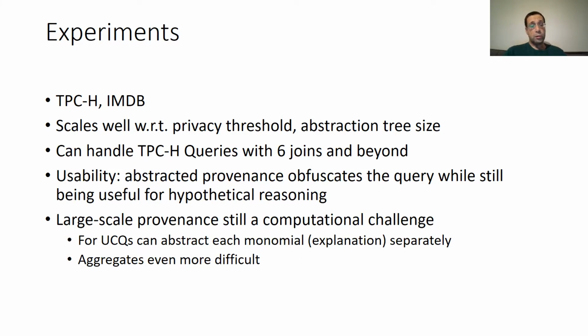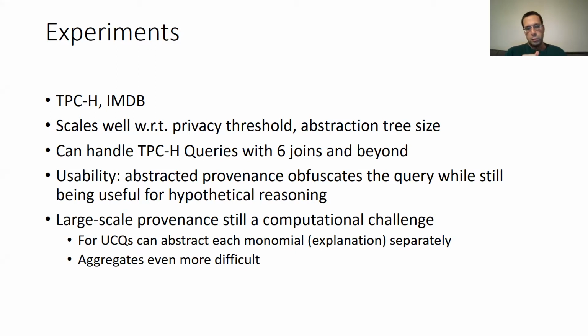There are still some computational challenges involving large-scale provenance. And then we need to differentiate between different kinds of large-scale provenance. If we start with union of conjunctive queries, then observe that the size of each monomial is bounded by the size of the query, which would typically not be that large.